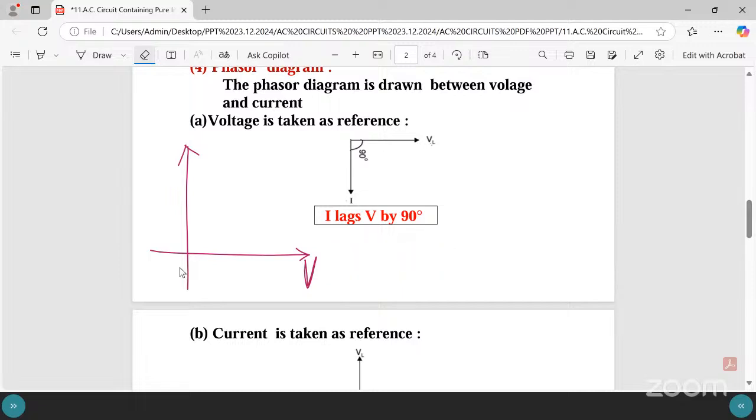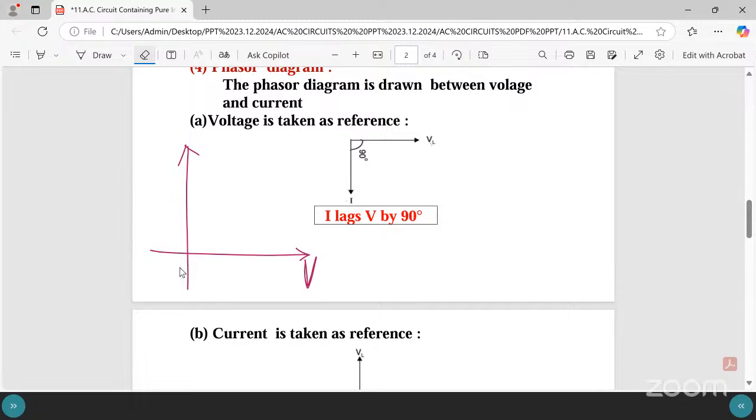It is not a waveform, it is a phasor diagram. Voltage should not rotate from the x-axis. Then who should rotate? Current. Current lags, so shall I rotate clockwise or anti-clockwise? Current should lag. If I rotate like this, current leads: plus 10 degrees, plus 20 degrees, plus 30 degrees, current is moving forward into lead.